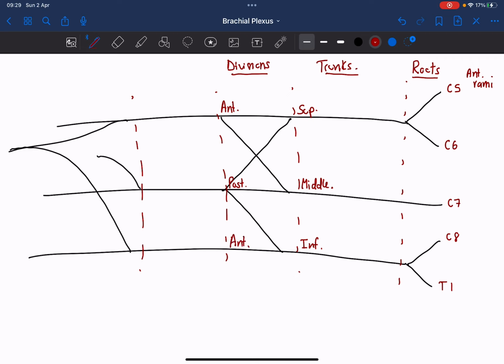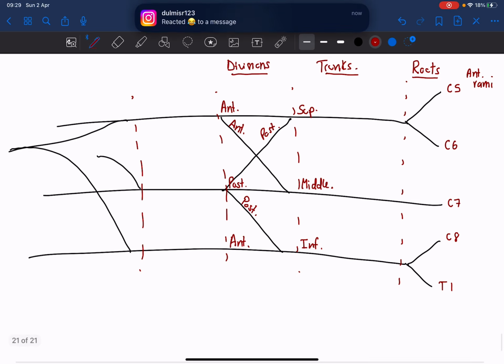Now those divisions are made from these branches that you can see here. Those branches have names as well. This one is the posterior branch. This one is the anterior branch. The one underneath is again another posterior branch.